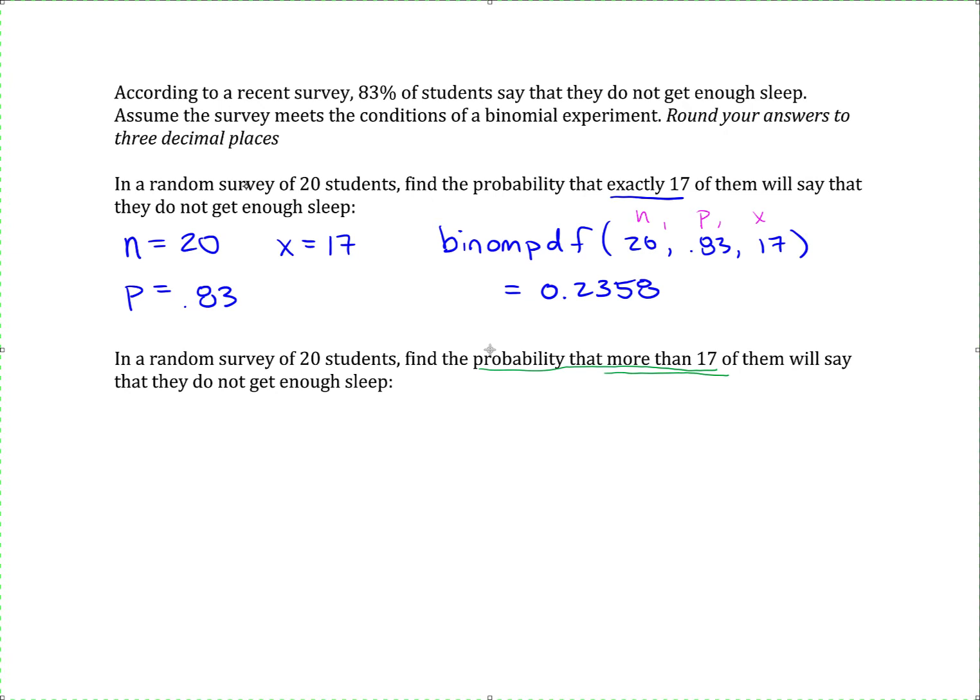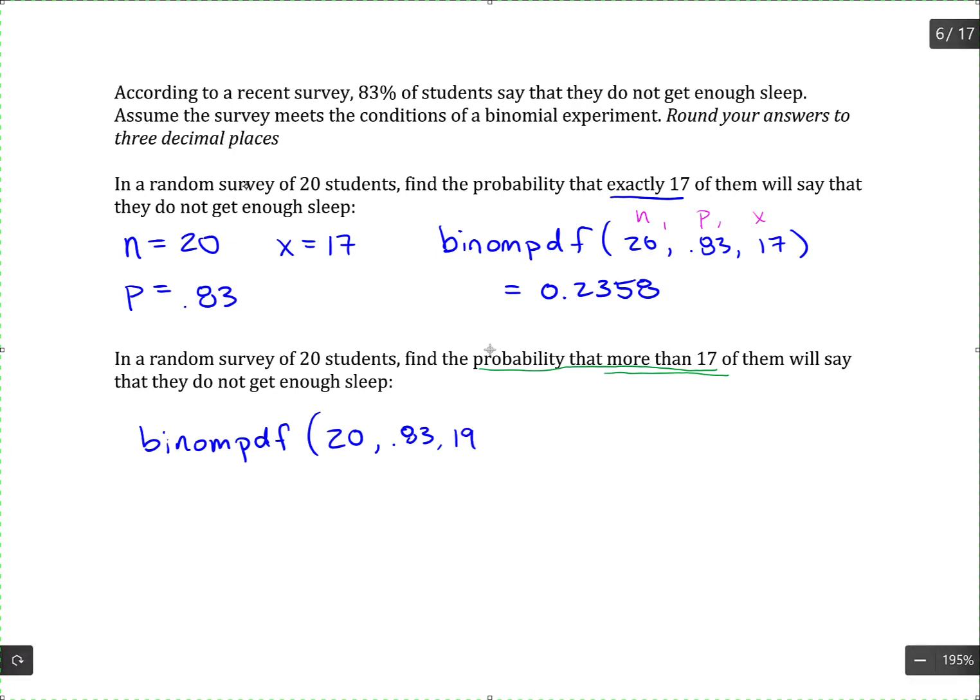So in this case, we could technically solve this using Binompdf. But what we would have to do is evaluate Binompdf with the first 2 inputs, which are always n and p. We would have to do it once with 18, because 18 is more than 17.